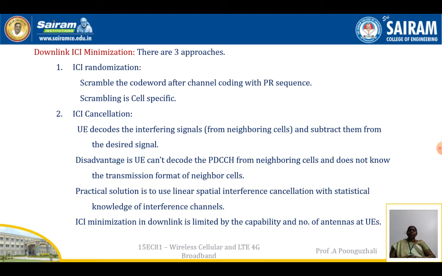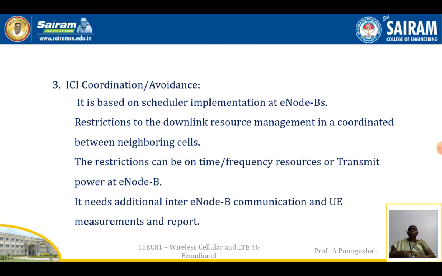So the practical solution here is to use spatial interference cancellation with statistical knowledge of the interference channel. So ICI minimization in downlink is going to be limited by the capability and the number of antennas used in the user equipment.